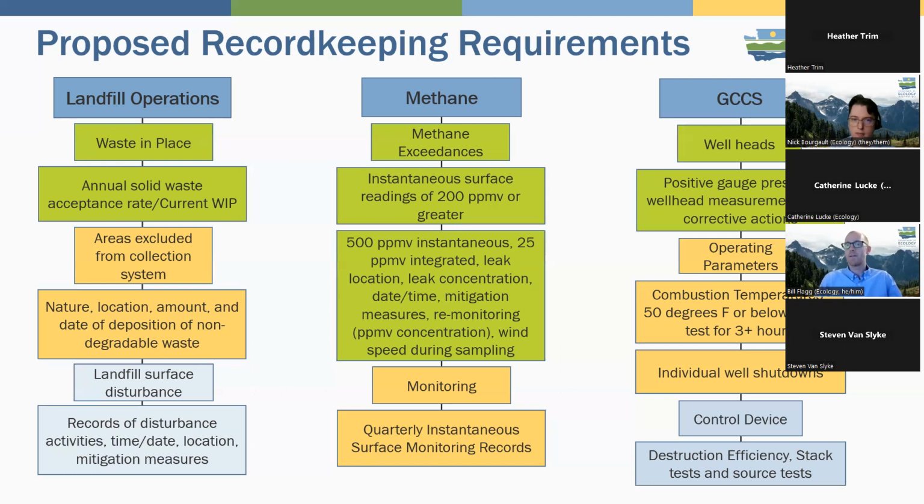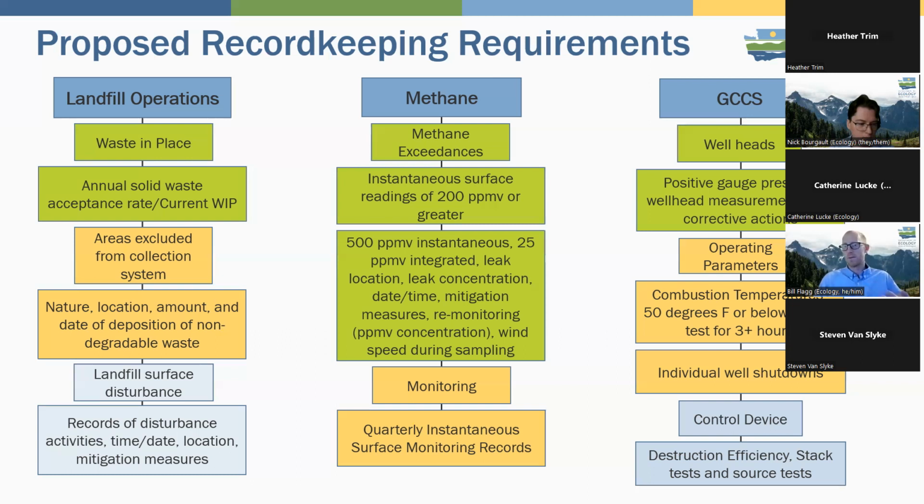Next, we have records of areas excluded from the collection system. These might be areas of a landfill that are exempt from these requirements, like sections of a landfill that contain inert waste that are not generating methane. So records on these areas excluded from the system.